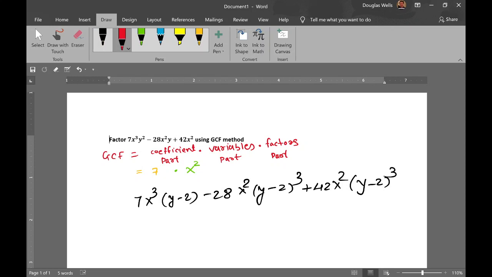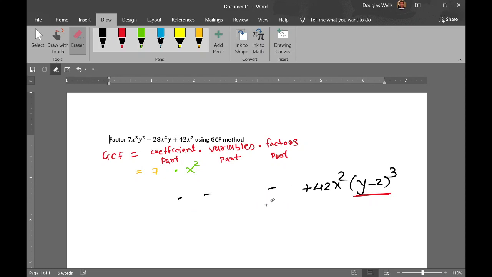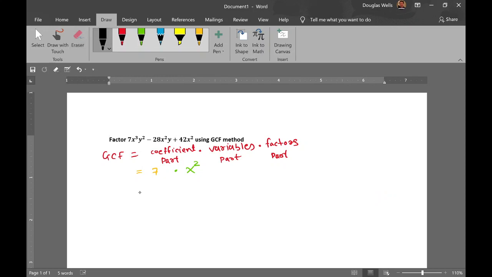Then this part in your question, that's called a factor part. In our case, we don't have it, so we don't have to worry about it. So our GCF has only two things: coefficient and variable x. So my GCF is 7x squared. So we found our GCF.